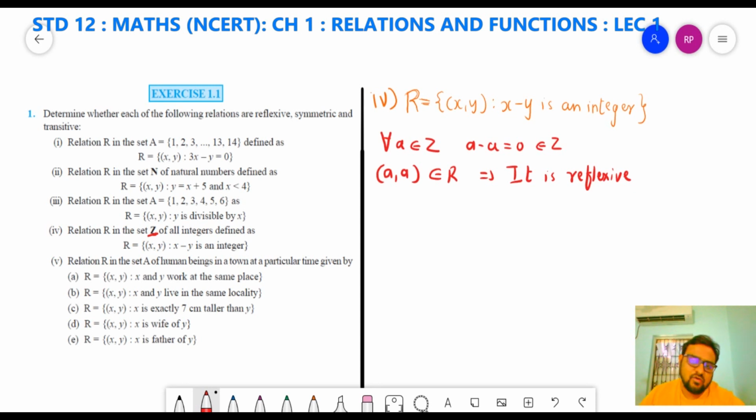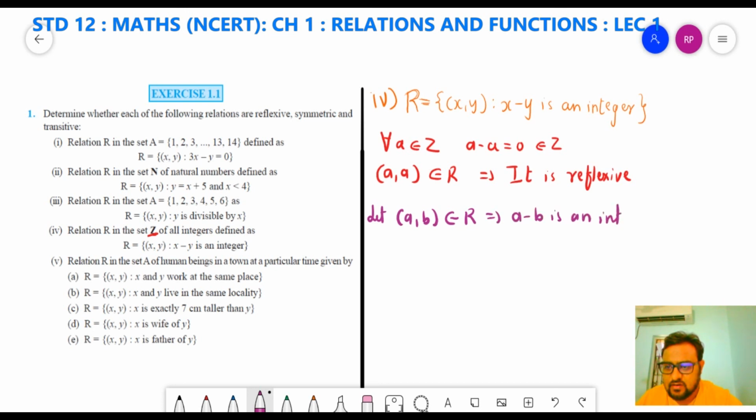Clear? Now let's take for transitive, sorry, symmetry. Now let (a, b) belong to R. So what does that imply? a minus b is an integer, right? So this means that b minus a will be also an integer.